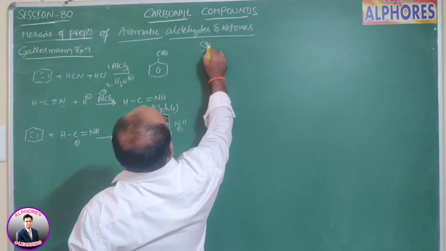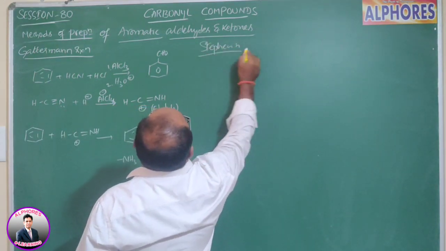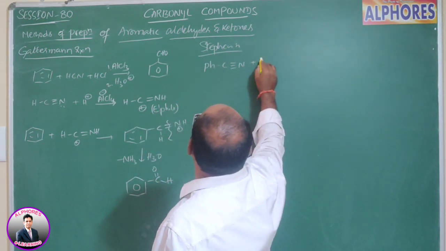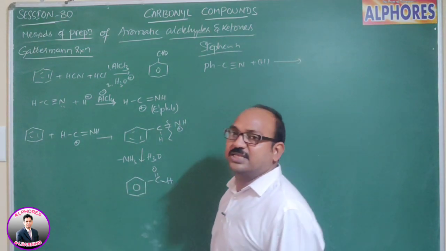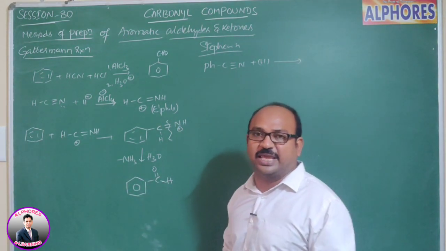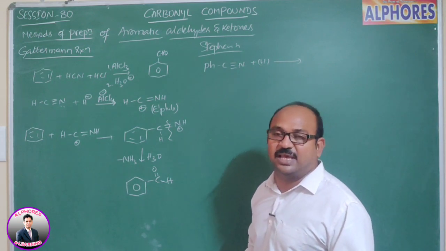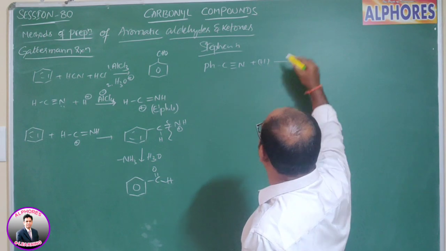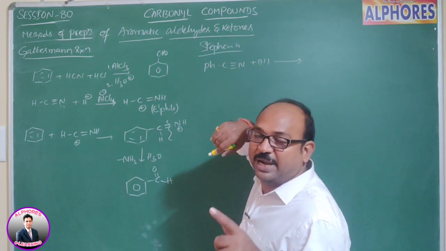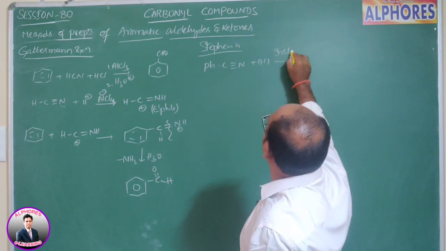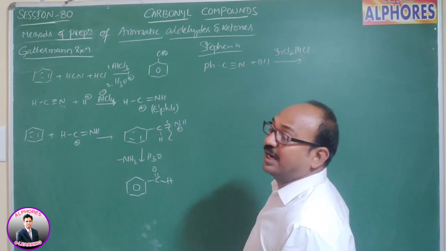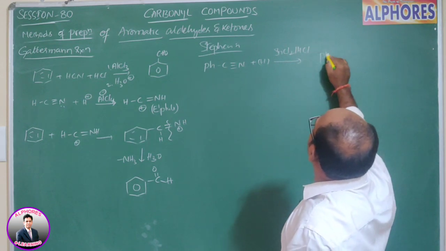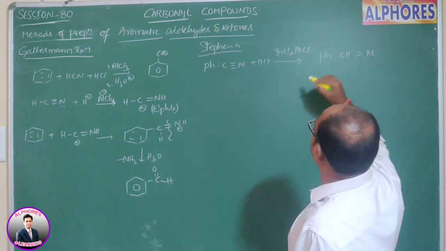Here in the Stephen reduction, consider PhC triple bond N. For this reduction we generally use SnCl2 and HCl. SnCl2 further reacts with HCl to give H2SnCl4. So with SnCl2 and HCl, we get hydrogen, and then we get PhCH double bond NH.